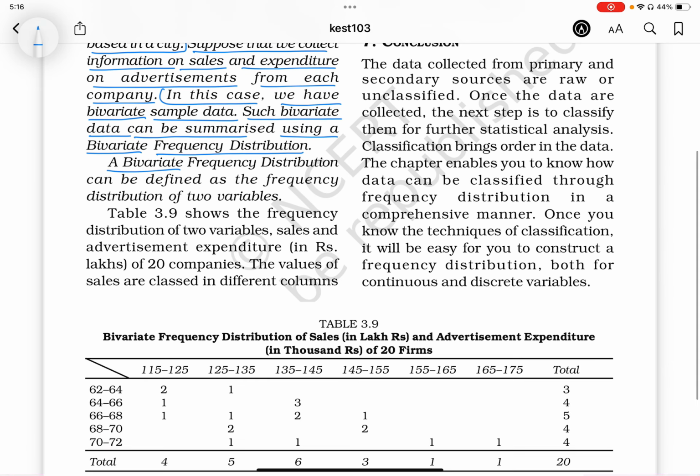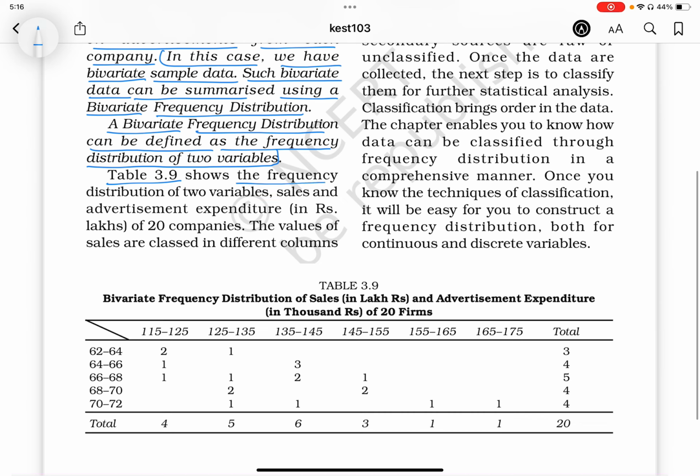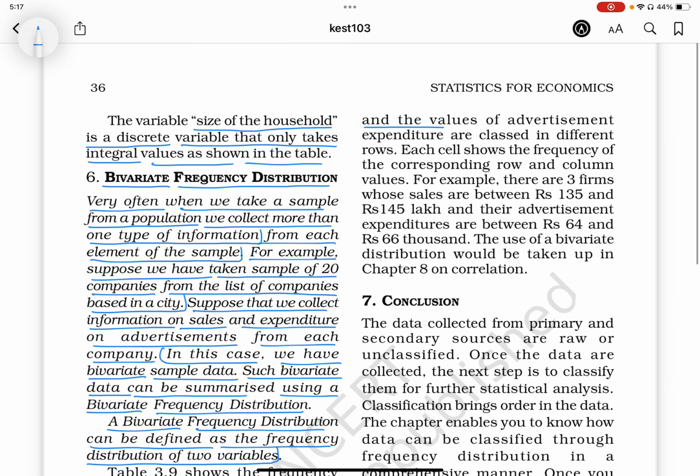A bivariate frequency distribution can be defined as the frequency distribution of two variables. Table 3.9 shows the frequency distribution of two variables, sales and advertisement expenditure in rupees lakhs of 20 companies. The values of sales are classed in different columns, and the values of advertisement expenditure are classed in different rows.